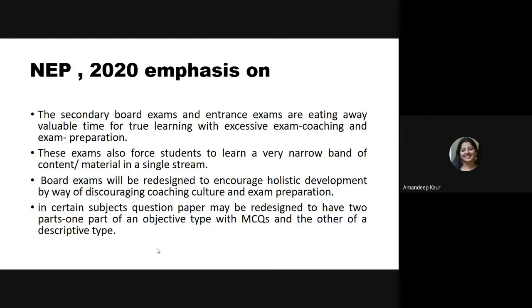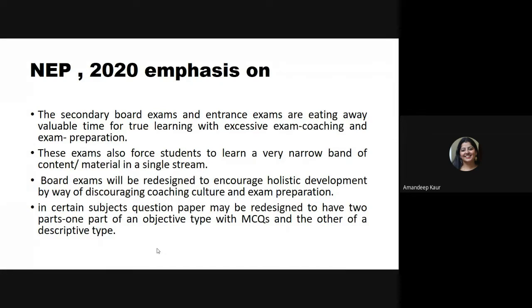Another important thing that we need to consider as far as the design of various question items is concerned: in NEP 2020, they emphasize that the secondary board exams and entrance exams are eating away the valuable time for true learning with excessive exam coaching and exam preparation. And these exams also force students to learn a very narrow band of content material in a single stream.